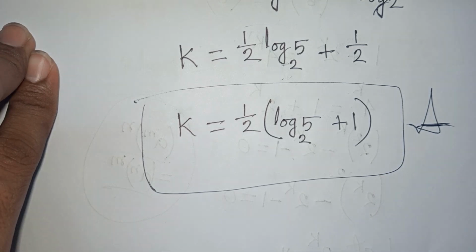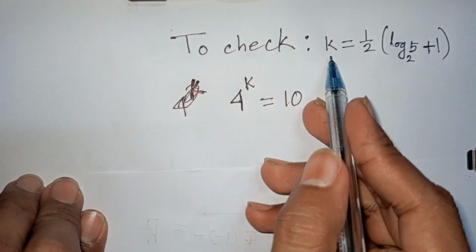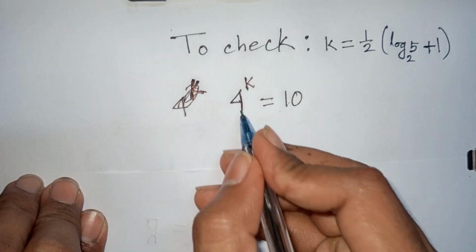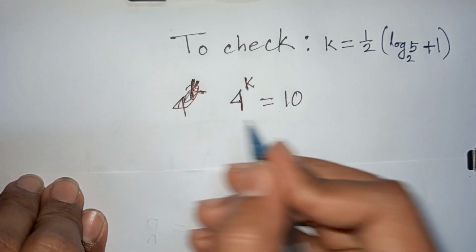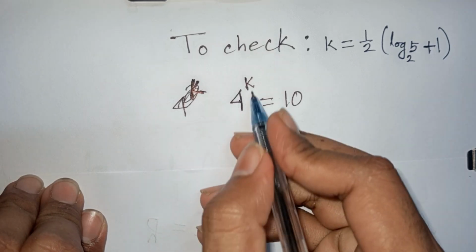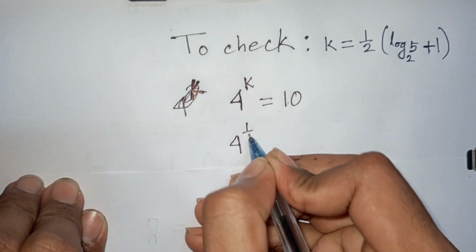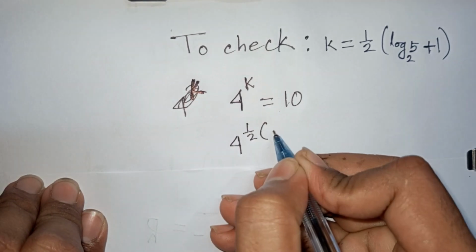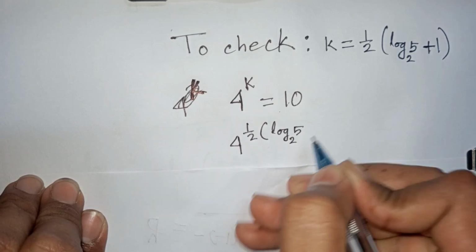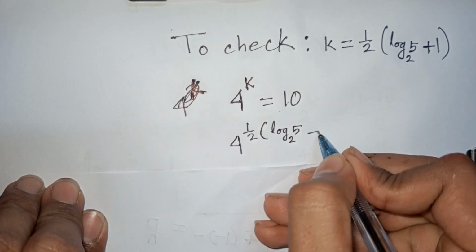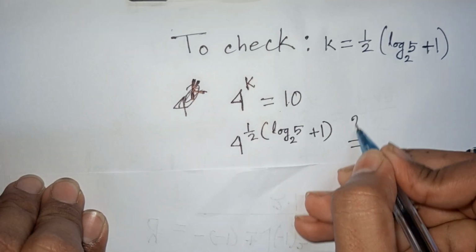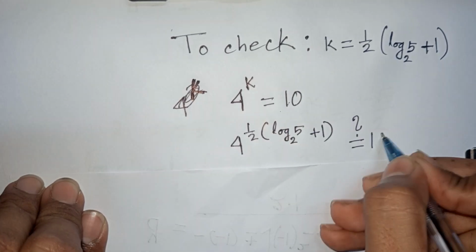Now to check, for k is equal to 1 by 2 bracket log 5 base 2 plus 1. So our equation 4 power k is equal to 10. So for 4 power k, that means it will be 4 power of 1 by 2 bracket log 5 base 2 plus 1, then is equal to 10.